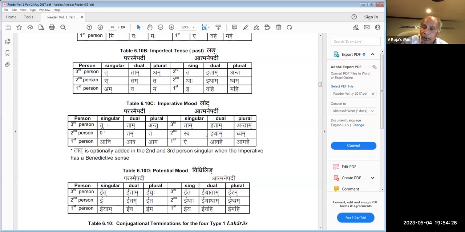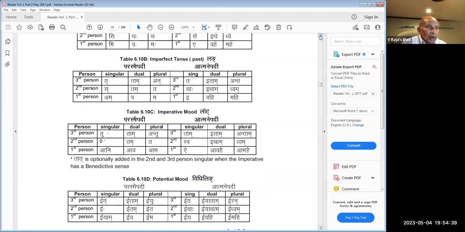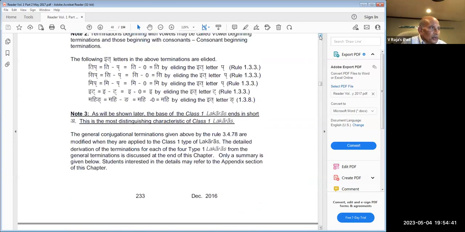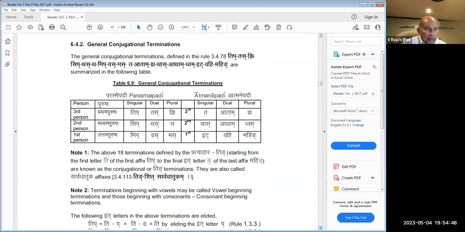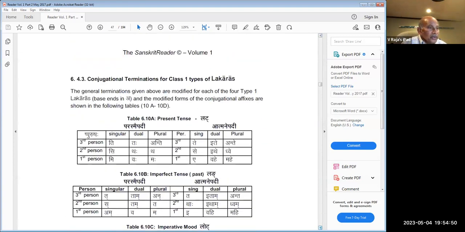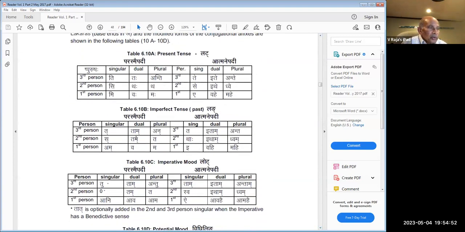I normally tell you not to remember anything, but you have to remember these four tables until you become familiar with them. Once you do that, I don't use this. I use the general ones, which are explained in this table. Then I will start deriving that table automatically. But in your case, you have to know this: bhava plus tu is bhavatu.